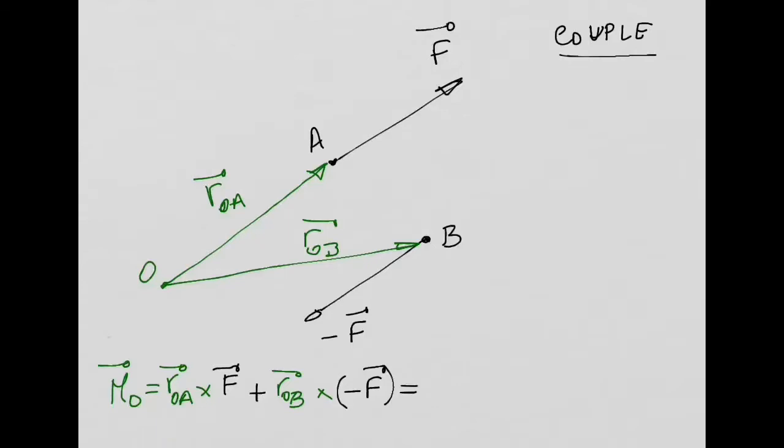So, I have two forces here, F and minus F. I want to calculate the moment about point O. I just need to add the contribution of my force F to the moment plus the contribution of my force minus F to the moment, right?